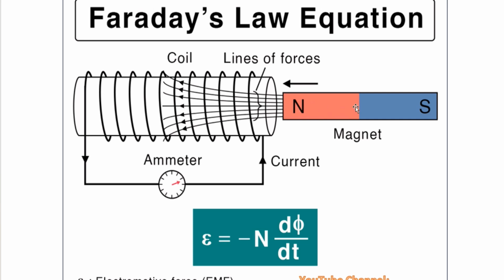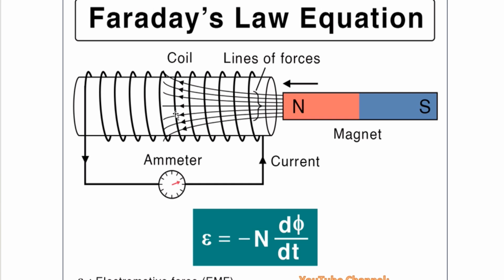If you take this magnet inside this solenoid, then you will find there is some deflection in this ammeter or galvanometer. Okay, when you keep it stationary after taking it inside the solenoid, there is no deflection. It comes to zero. And if you quickly bring it out, then also deflection takes place, but this time deflection takes place in the opposite direction.